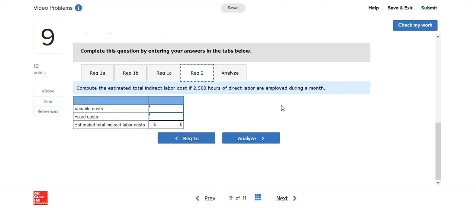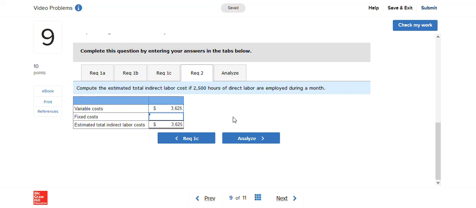All right, requirement 2, compute the estimated total indirect labor cost if 2,500 hours of direct labor are employed during the month. So our variable cost would be the $1.45 times the 2,500 hours. So $1.45 times 2,500 hours is $3,625.